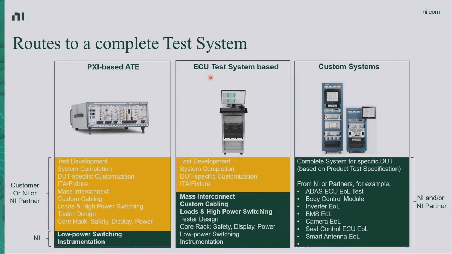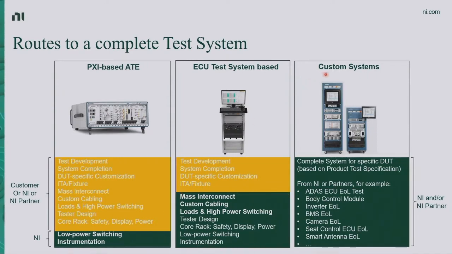On the ECU TS base, we have reduced the amount of work for the customer to 20%, and the customer only has to do test development, system completion, DUT customization, and ITA official. The other 80% will be delivered by the ECU TS platform, as you can see on this portion here.